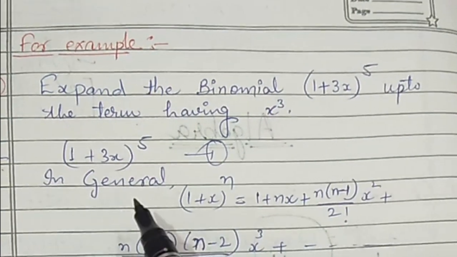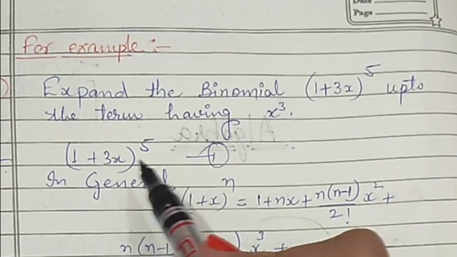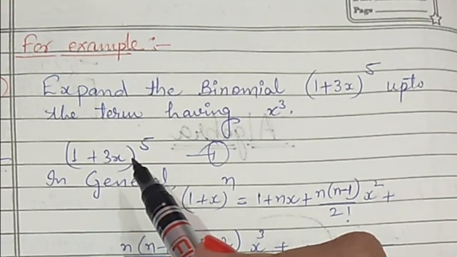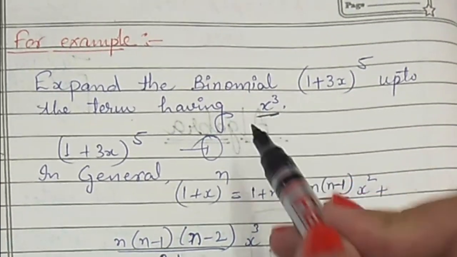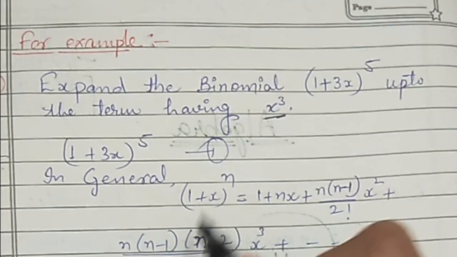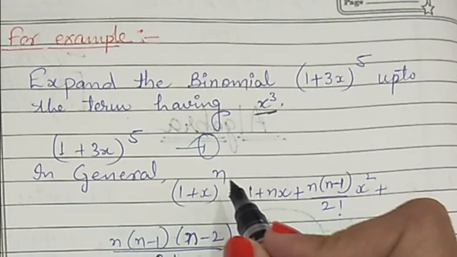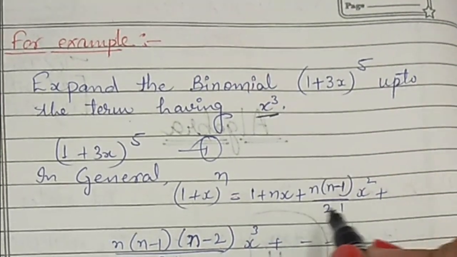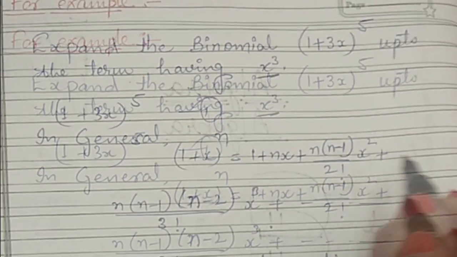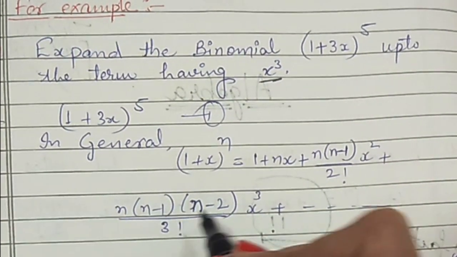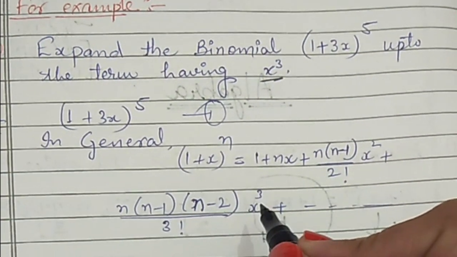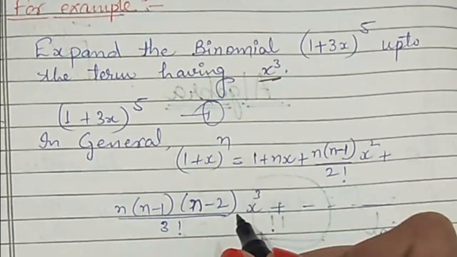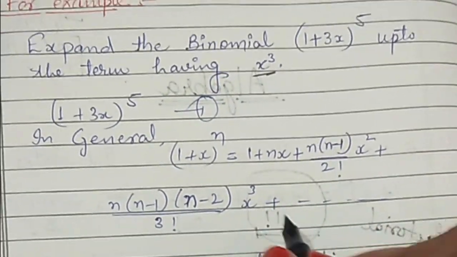In general, I have to derive this formula according to the binomial theorem up to the power x cube. So in general, 1 plus x raised to power n is equal to 1 plus nx plus n into n minus 1 upon 2 factorial into x square plus n into n minus 1 into n minus 2 upon 3 factorial into x cube. It was said up to x cube, so that's why I'm writing only up to x cube, right?